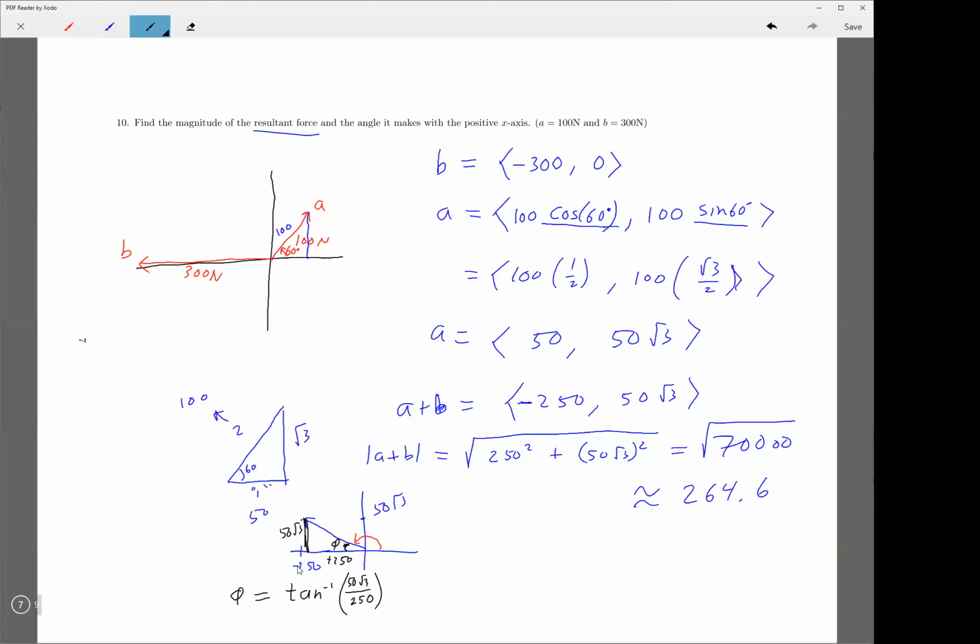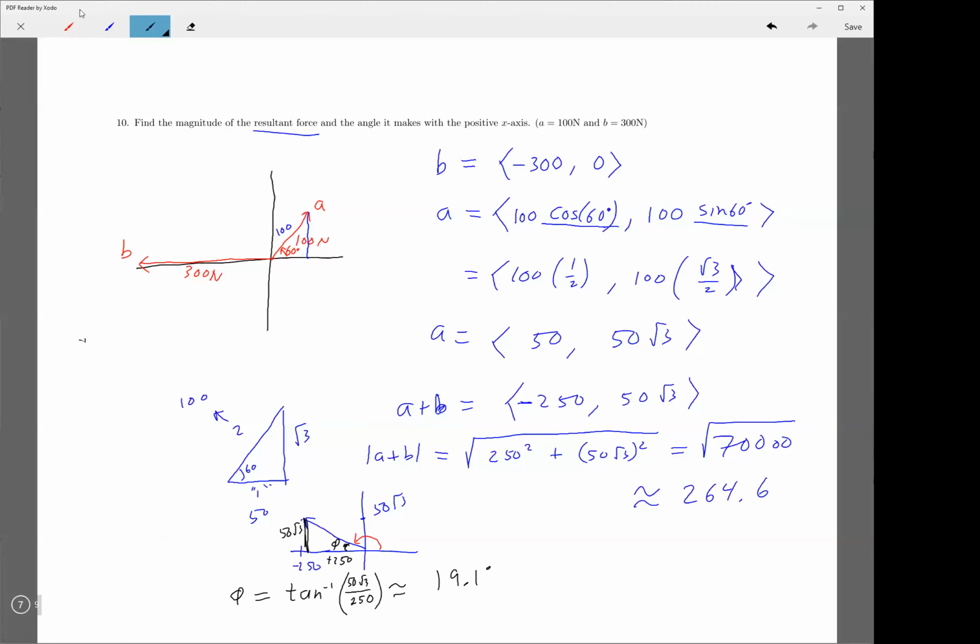Okay, I still have my calculator in degrees mode. So 50 times the square root of 3 divided by 250. That reference angle is approximately 19.1 degrees.